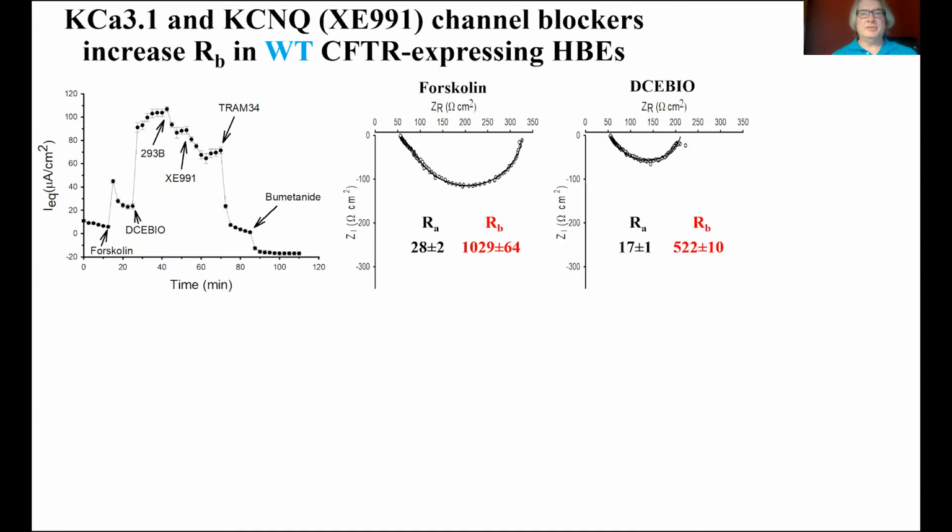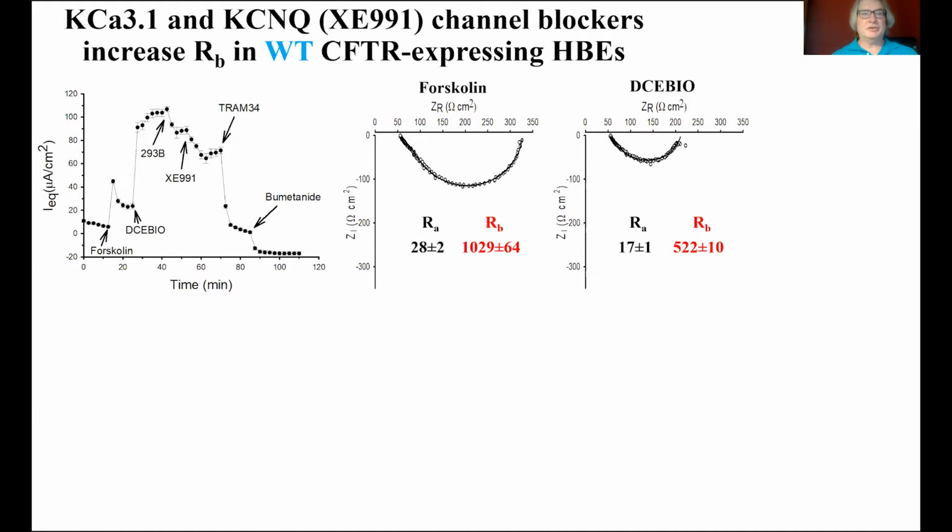This resulted in a small decrease in the apical membrane resistance but, more importantly, a dramatic decrease of over 500 ohms in the basolateral membrane resistance, which is consistent with activation of KCa3.1 on the basolateral membrane as we previously described. We then added 293B, which is a specific inhibitor of KCNQ1.